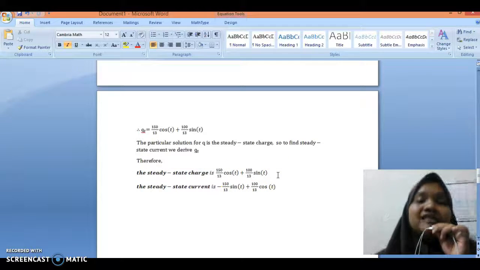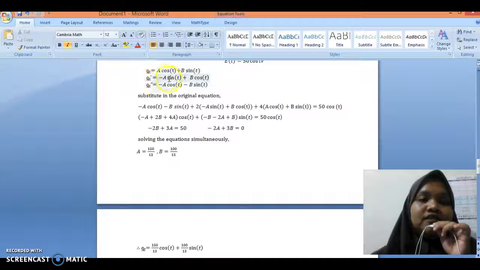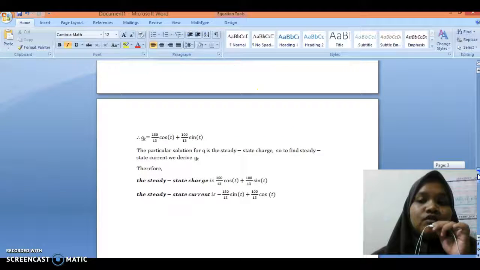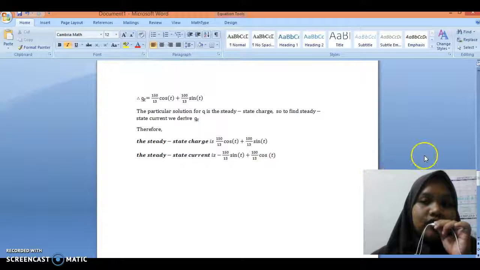For the steady state current, you have to differentiate the first equation. Since you already found A and B, you just put in the values, and you find that the steady state current is -150 over 13 sin t plus 100 over 13 cos t. Okay, that's all from me. Thank you.